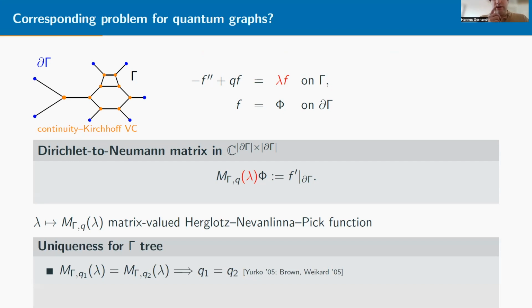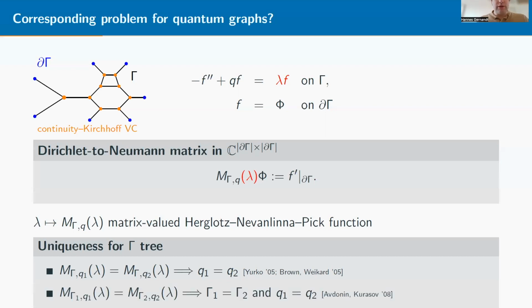And then again, having this function, we can ask the same question as before in Calderon's problem. Here, results are known for trees. In particular, if the Dirichlet to Neumann map coincides for a tree and two potentials Q1, Q2, then it was shown by Yurko and Brown and Weikard that the potentials coincide.